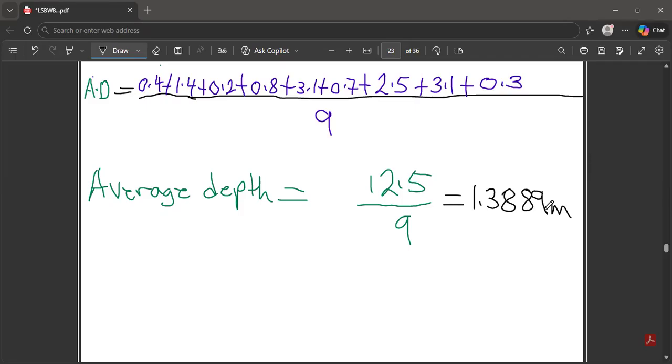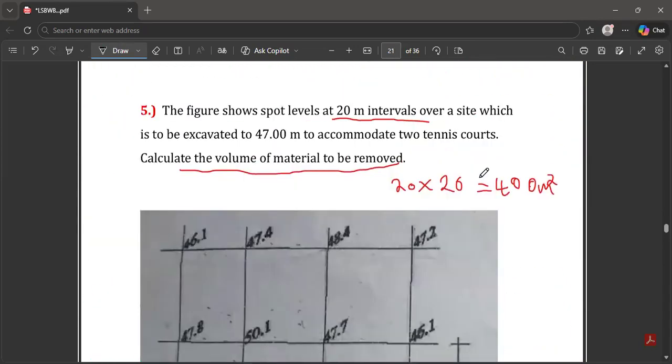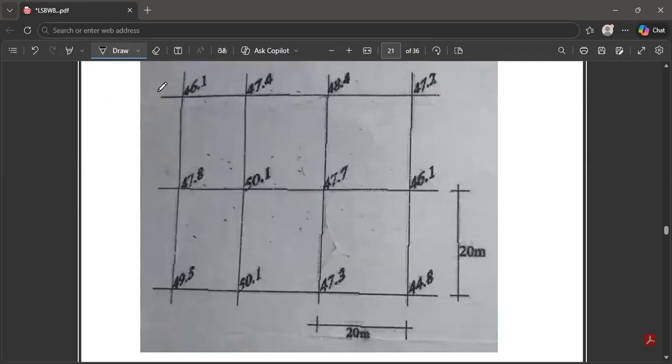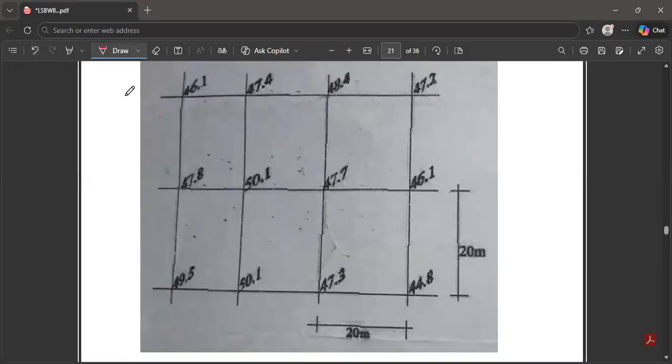So take note that the grid is 3 rows, and the columns are 4. So you multiply 3 times 4, giving us 12 squares. Look at the grid.